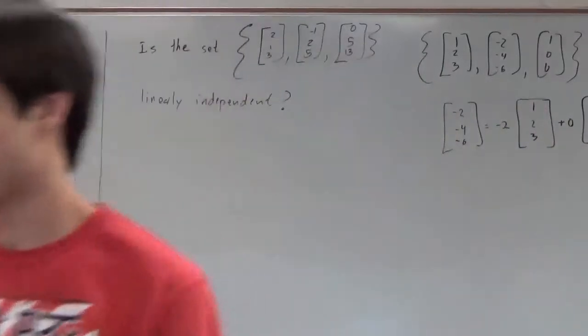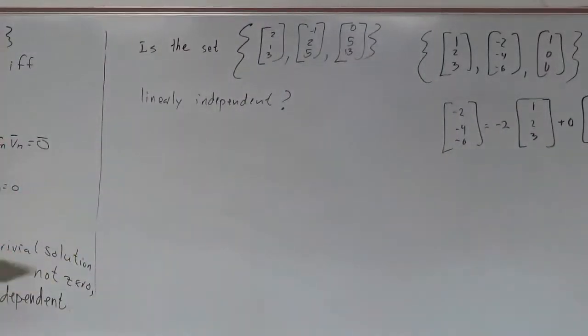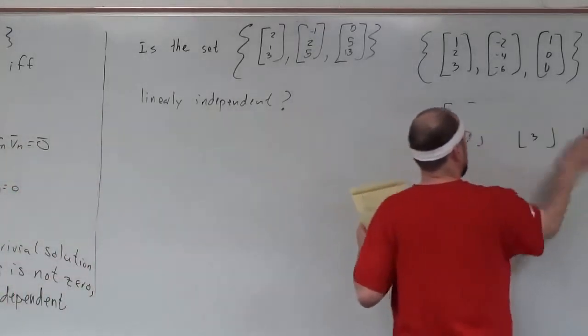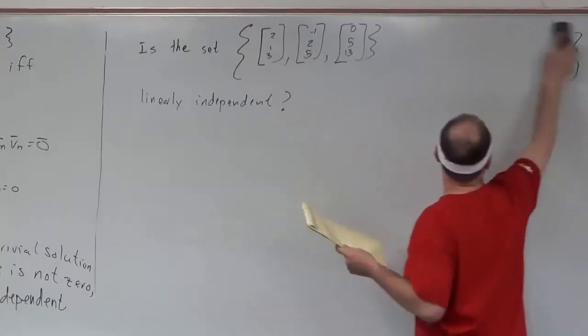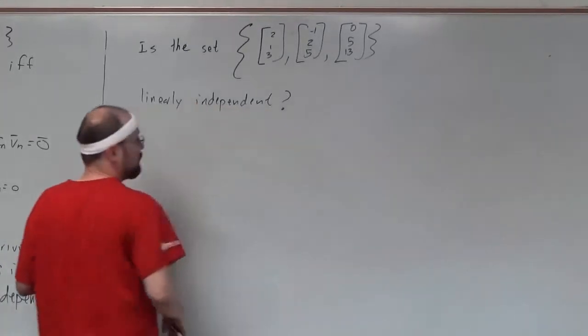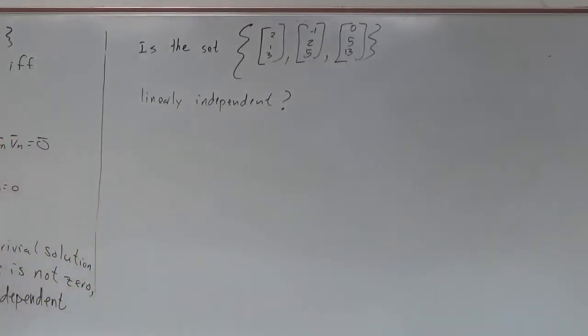Again, we are dealing with that special case where you have as many vectors as you have dimension. These vectors are in R3, so we could just compute the determinant, and if the determinant is 0, the answer is these are dependent. And if the determinant is anything other than 0, then we have a linearly independent set of vectors.